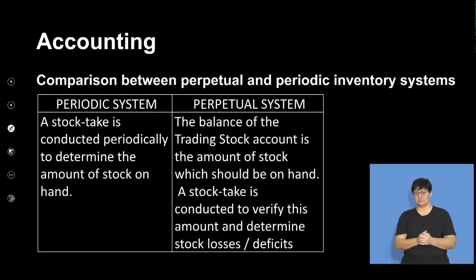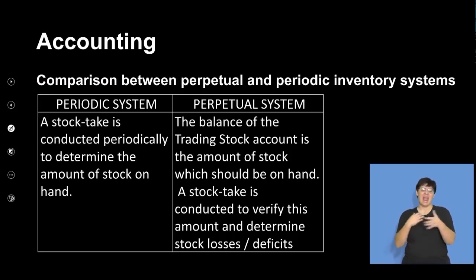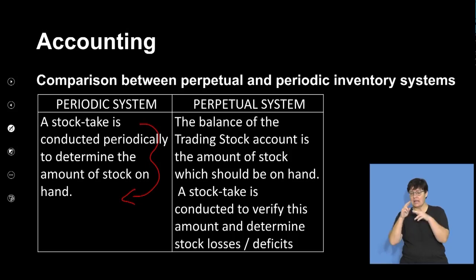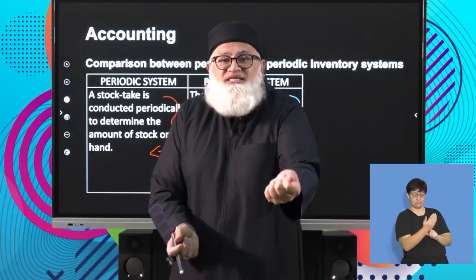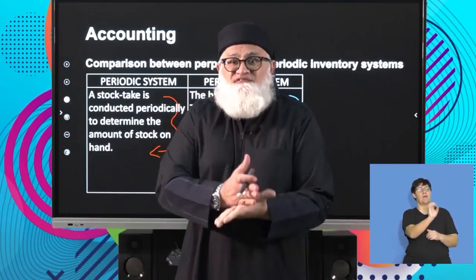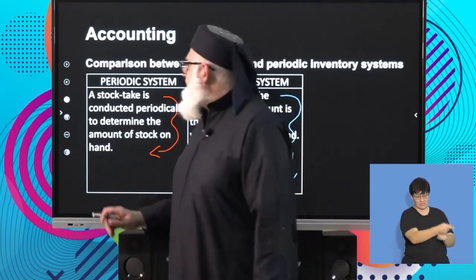Okay, with regards to the periodic inventory system, we know that any stock take is conducted periodically to determine the stock on hand. Whereas if you are dealing with your perpetual, the balance of your trading stock account is actually the stock account indicating to you that this is the value of stock on hand. It is verified by a physical stock take.